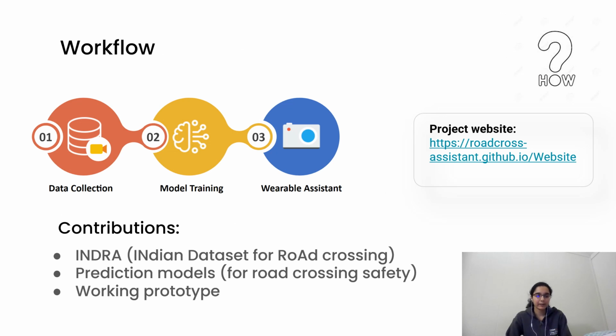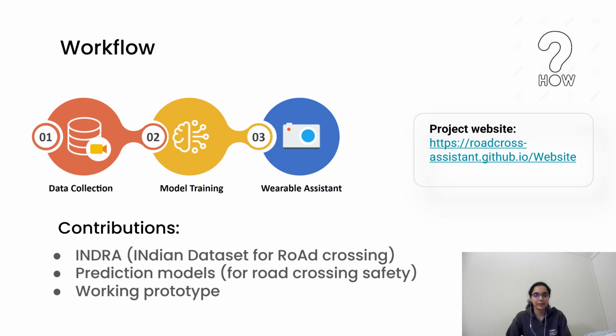Getting into the technical details, my work was roughly divided into three phases. I think that reliable safety classifiers have the potential to help the blind cross Indian roads, but to the best of my knowledge, there is no existing dataset collected on Indian roads from a pedestrian viewpoint, which is labeled for road crossing safety information.